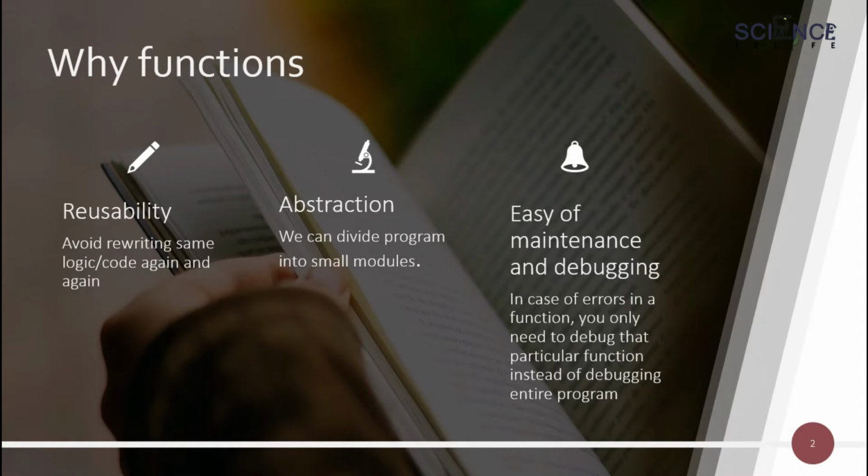And the third benefit, the major benefit, is that in case of errors in a function, we only need to debug that particular function instead of debugging the entire program, right? We don't need to check the whole program and we don't need to change the whole program.